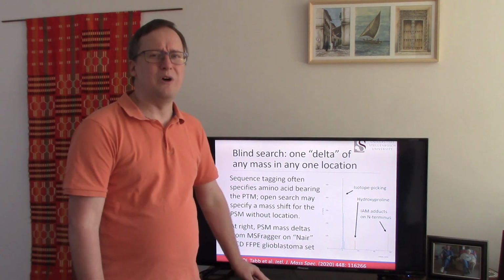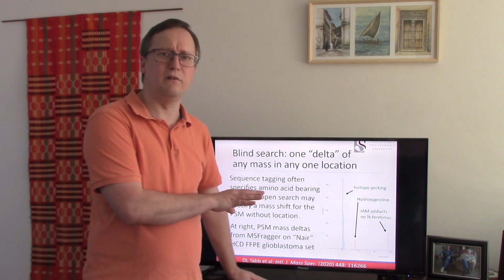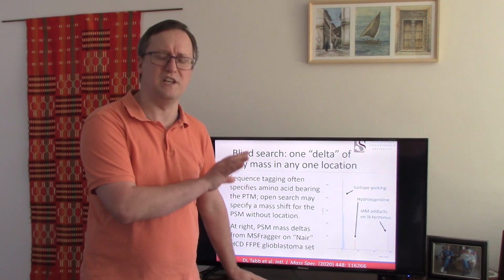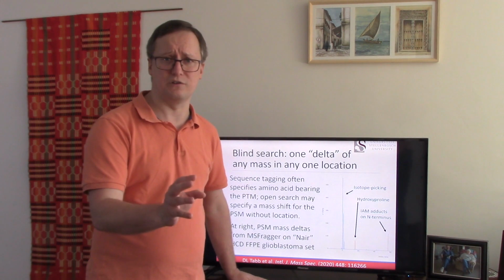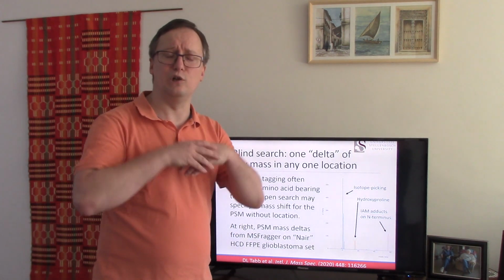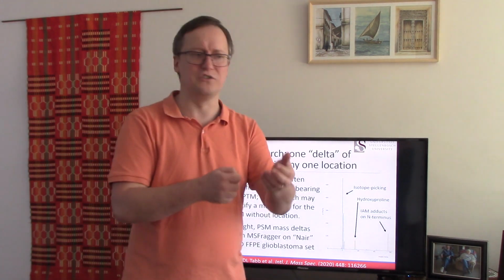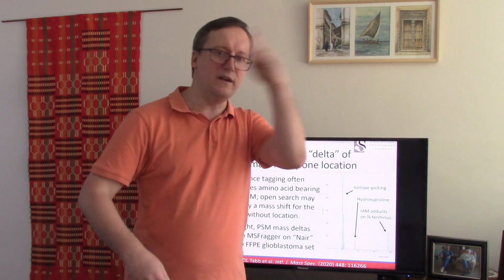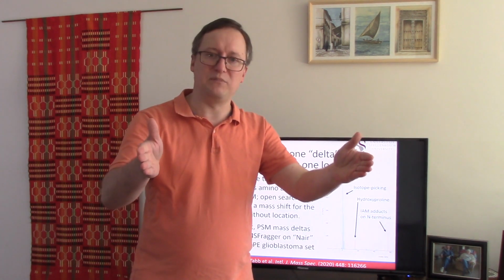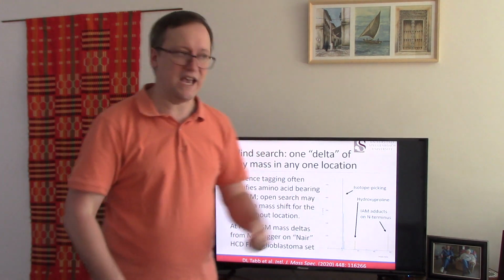So let's talk about blind search results. Now, blind search is a term that frequently is used in the context of sequence tagging, but it's just as applicable in the context of open search. What it means is that we've gone looking for mass shifts or post-translational modifications on peptide sequences that may allow any one spot on this peptide to be modified in some way by some single mass.